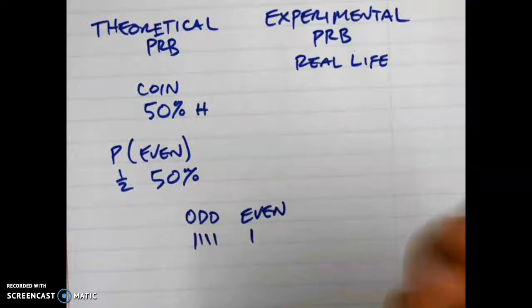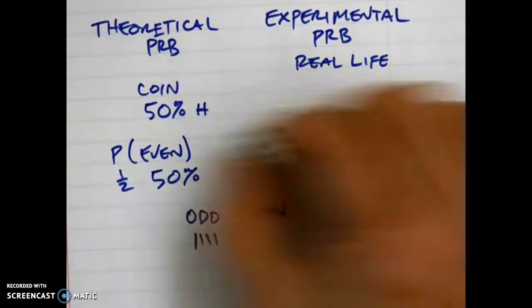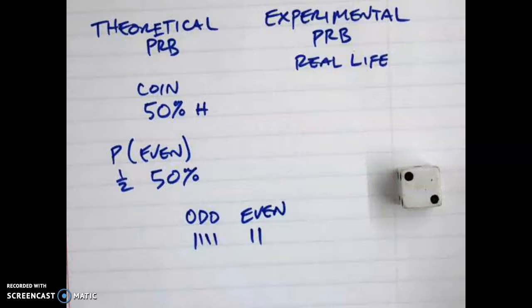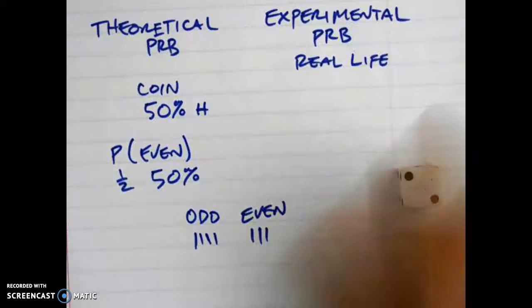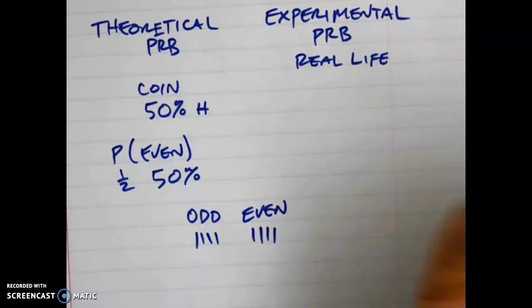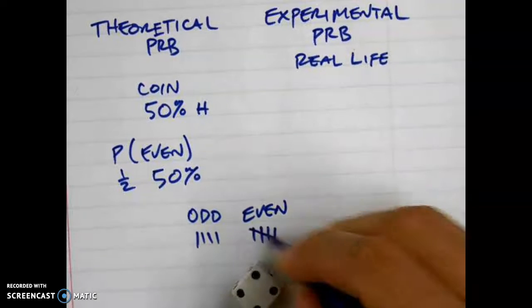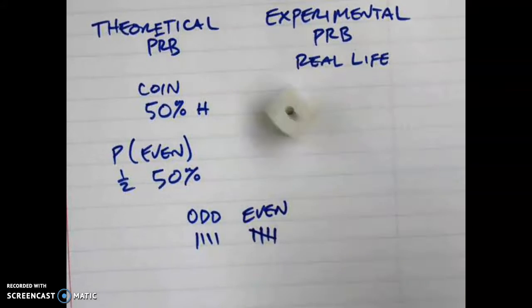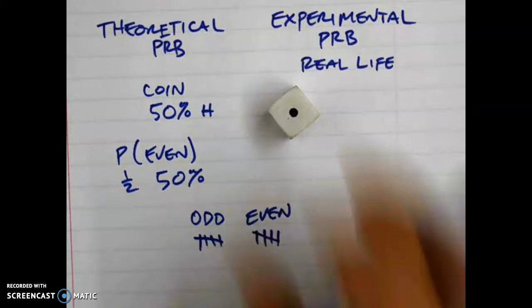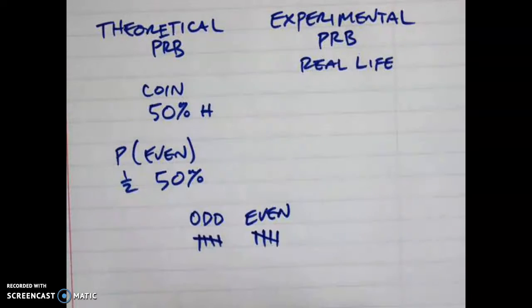My money's on even. Even. Even. Even. Ooh, this is coming pretty close. Even. And odd. Ooh! My theoretical was 50-50. I was hoping that this wouldn't happen. But my experimental equaled my theoretical in this case.